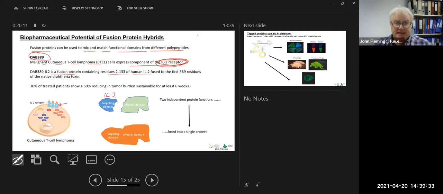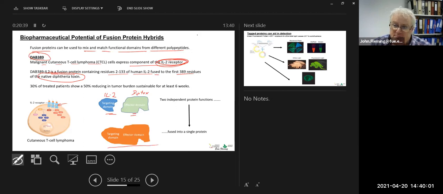So it takes this part of the IL-2 protein and fuses it with the first 389 residues of a toxin. This is a natural toxin, the diphtheria toxin. It effectively brings together these two functional domains into a novel single protein.